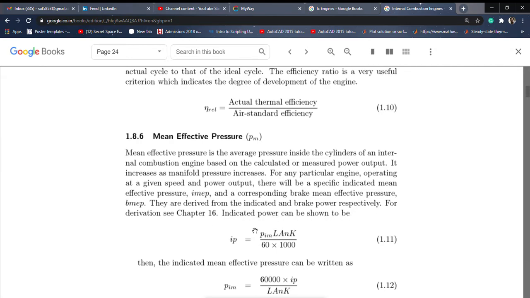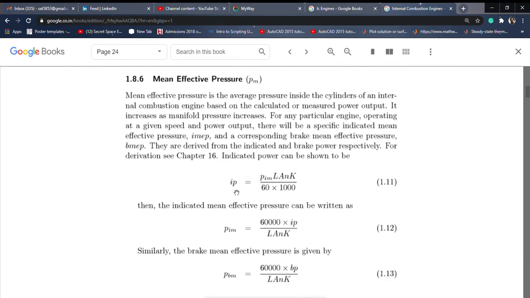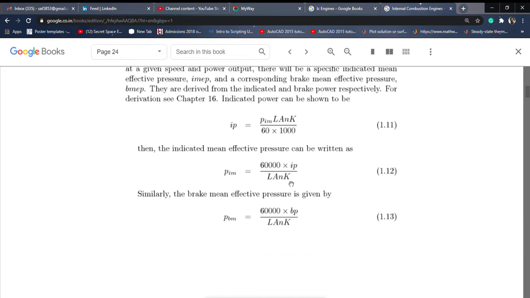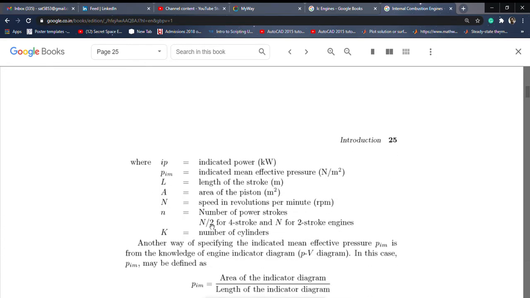Here we have the indicated power, and it is equal to indicated mean pressure multiplied by length of stroke and area of the piston. What is n? We will discuss it here. This n is the number of power strokes.